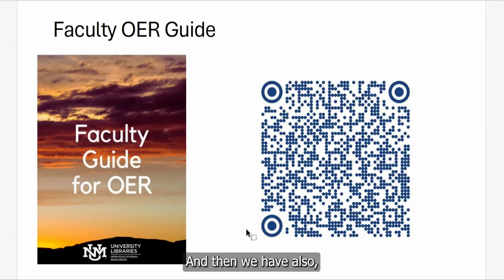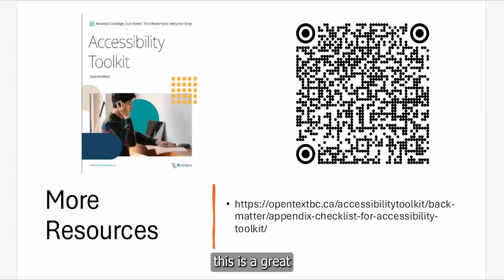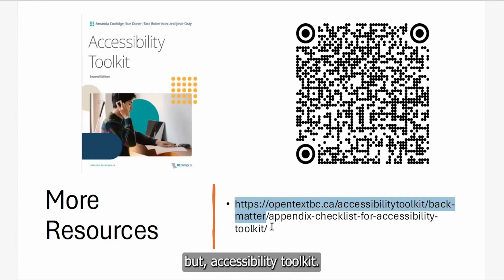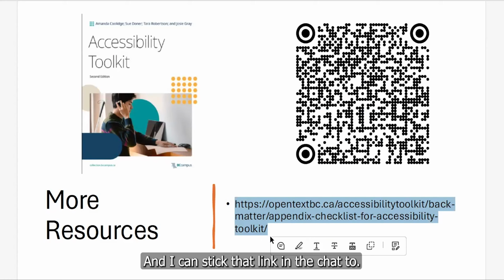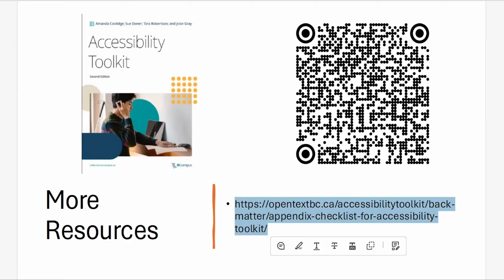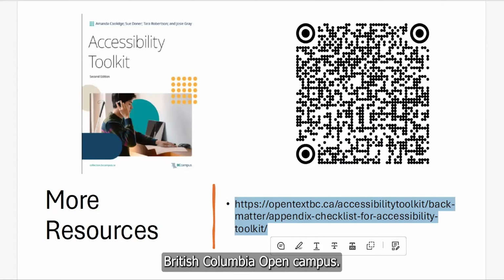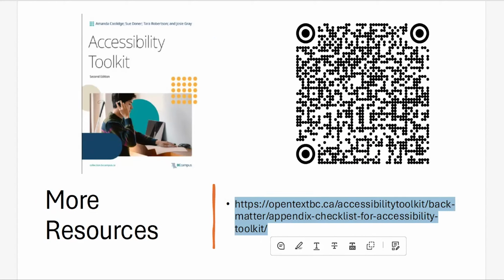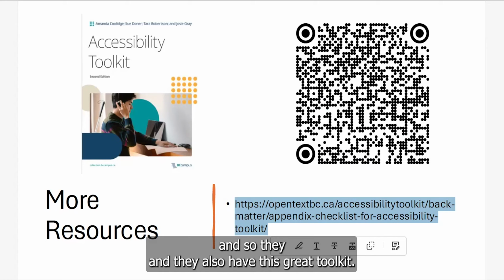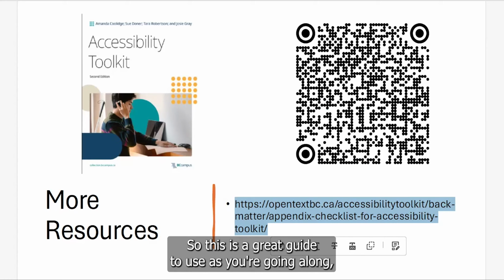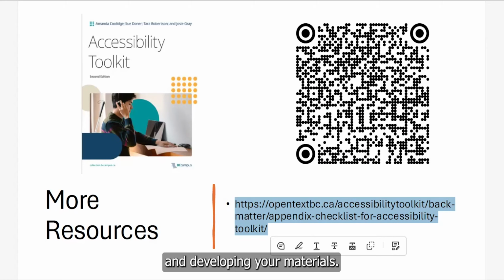And then we also have this great book, Accessibility Toolkit, and I can stick that link in the chat too. But this is from BCcampus in British Columbia, and they also have a really robust collection of OER materials, and they also have this great toolkit. So this is a great guide to use as you're going along and developing your materials.